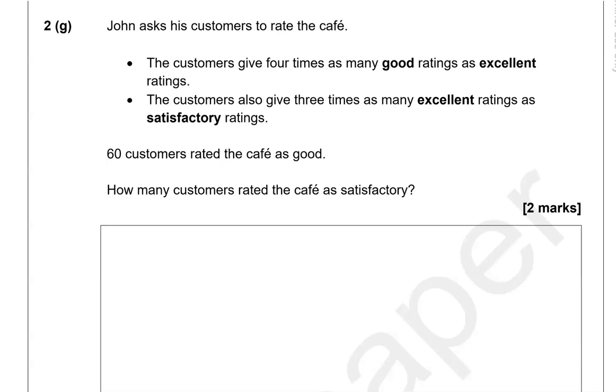So they gave 4 times as many good ratings as excellent ratings. So if that is 60, and that is 4 times the excellent ratings, we can do 60 divided by 4, which gives us 15. So that's how many excellent ratings.